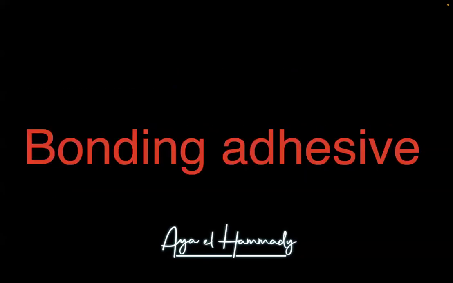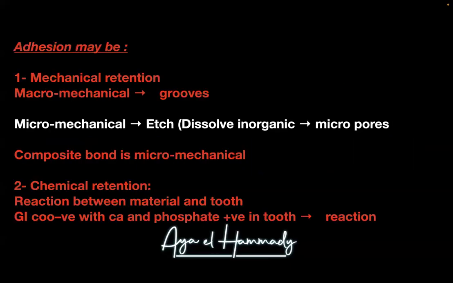What about the bonding adhesive? First of all, adhesion here can be mechanical or micromechanical. Mechanical, or macromechanical, is attained by making a lot of grooves to do the interlocking.